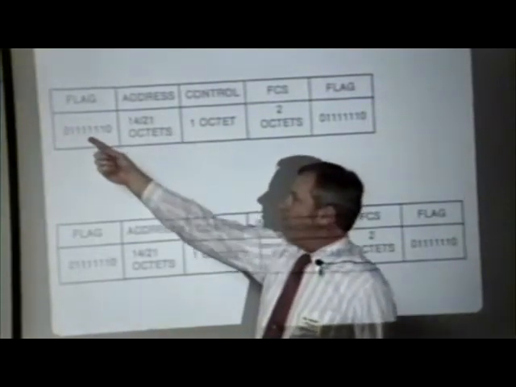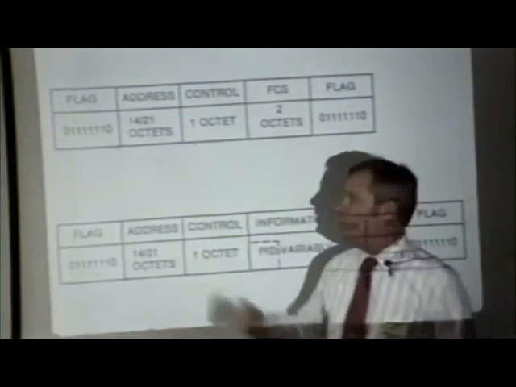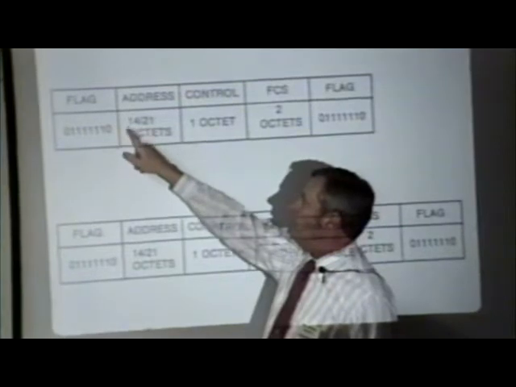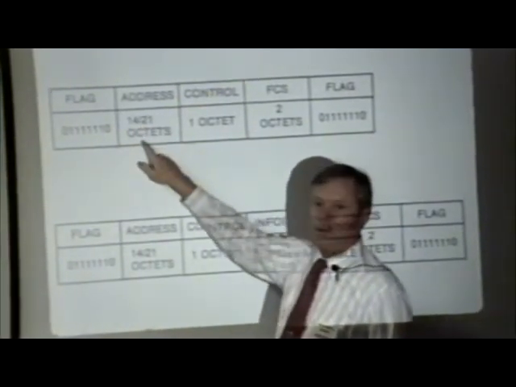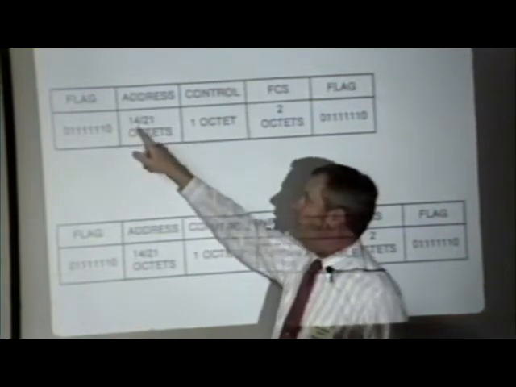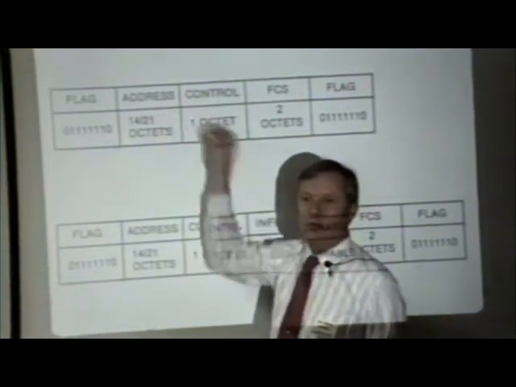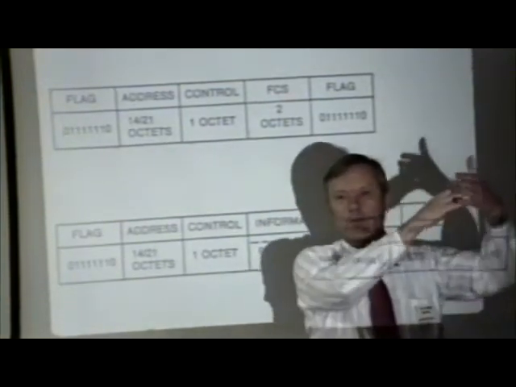So anyway, we'll have a flag sequence here that alerts the TNC to start looking at these bits. It knows that the first 14 to 21 octets, or groups of 8 bits, is going to be the to address, the from address, and the via address if it goes via somebody else. Remember we talked about on the envelope, you put a to address and a from address?